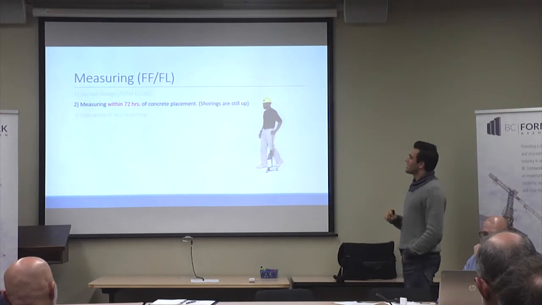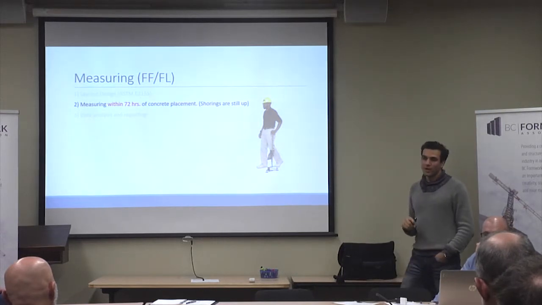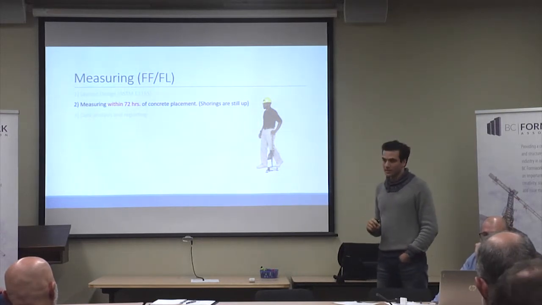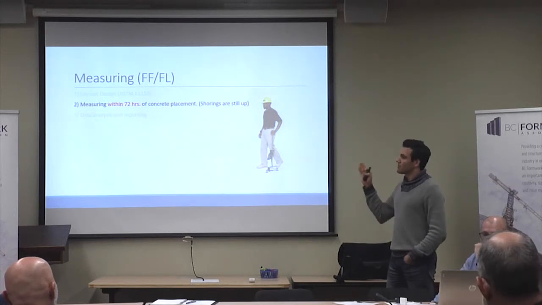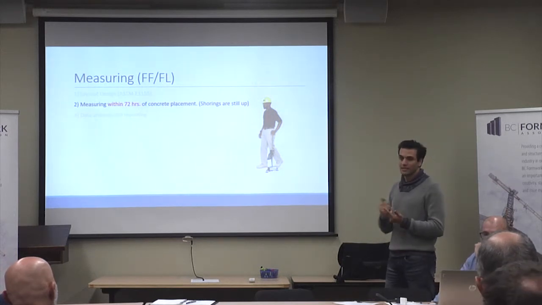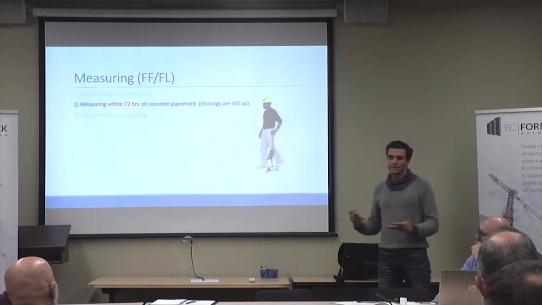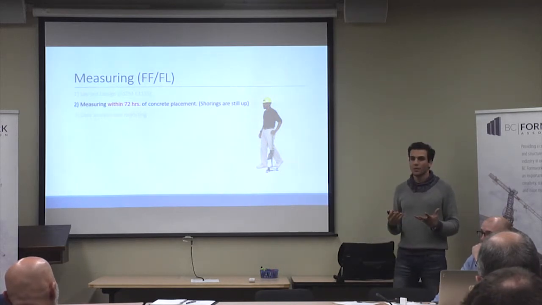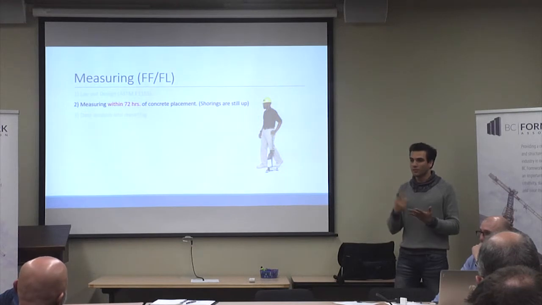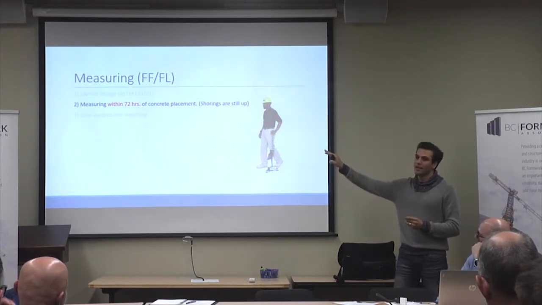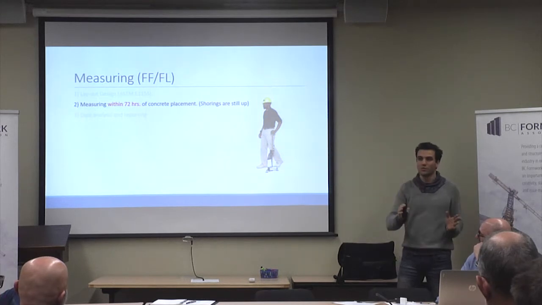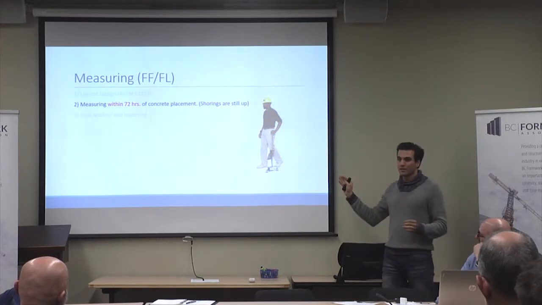All right, so the test is done within 72 hours of the concrete placement. That's a requirement of the ACI, CSA, and ASTM. Why is that the case? Because it's basically testing whether the finishing company, the forming company, has done their part. So everything after this is not going to be your fault if you pass.